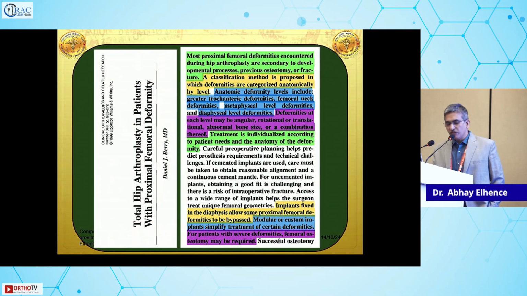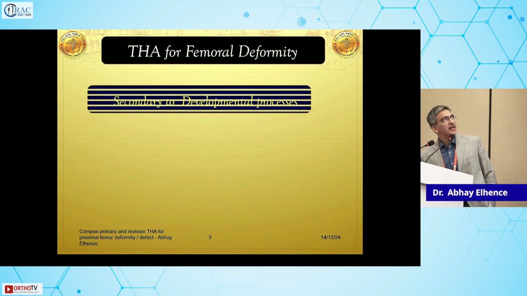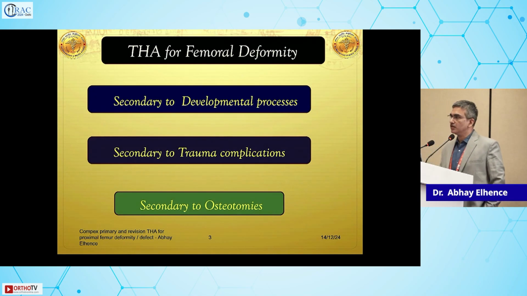So essentially, deformity can be classified into various situations. The defects can be because of a revision situation, and deformation can be in a complex primary and a revision situation.